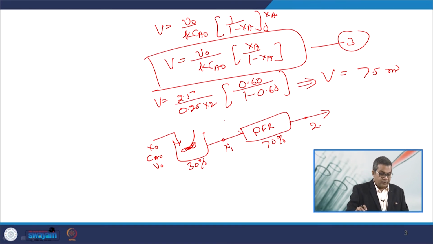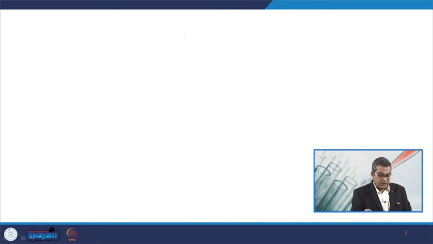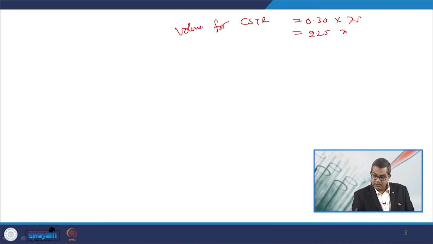Now, the volume for CSTR would be 0.30 into 7.5 and that is 2.25 meter cube, and for PFR that is 7.5 into 0.70 and that comes out to be 5.25 meter cube.